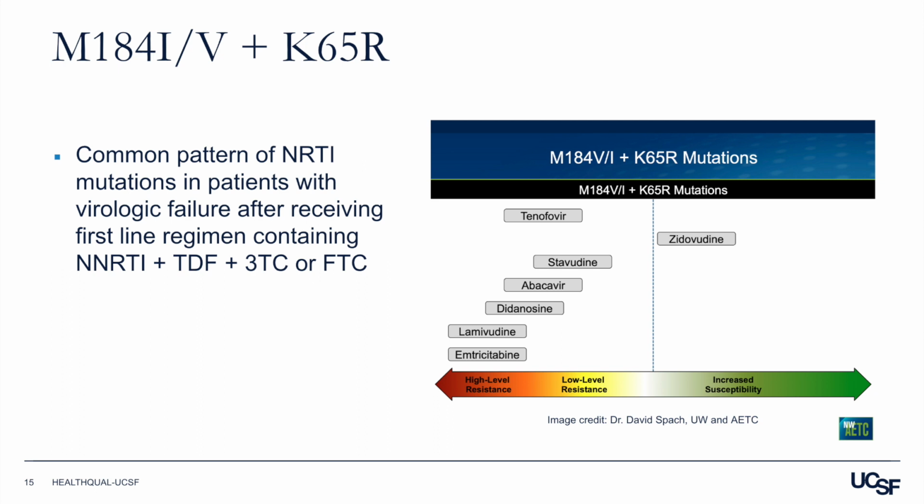So they move towards the left-hand side of this figure. In contrast, zidovudine is the only one where we have enhanced susceptibility. And so that moves towards the right on this figure. So that's really the only NRTI of this whole long list where it would still have a fair amount of efficacy.